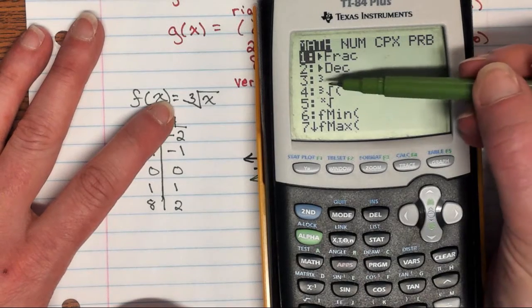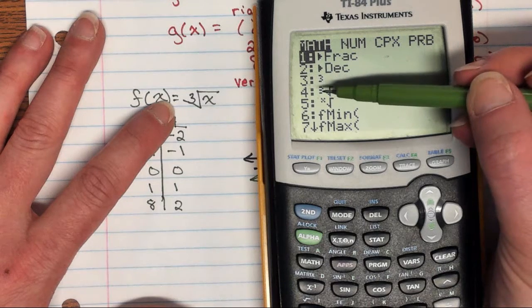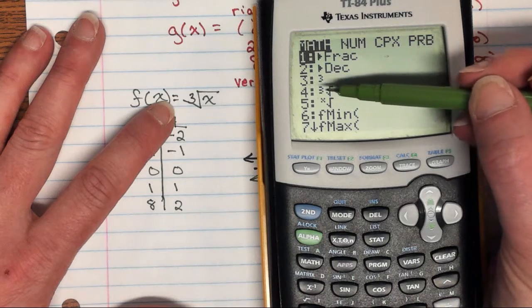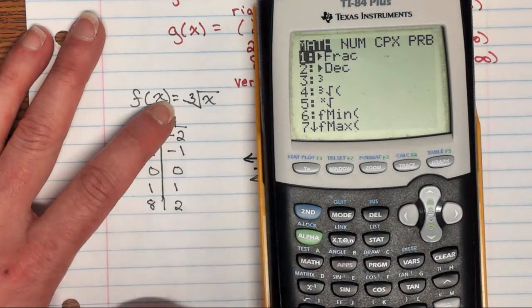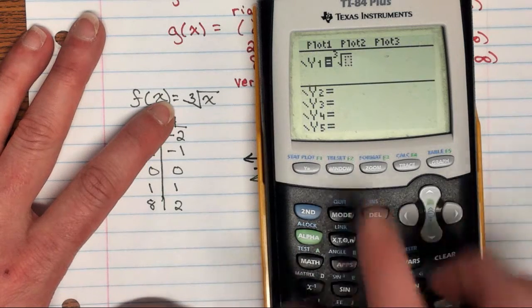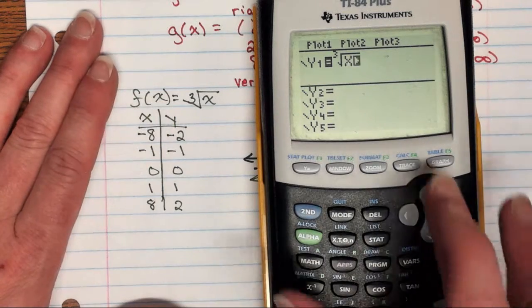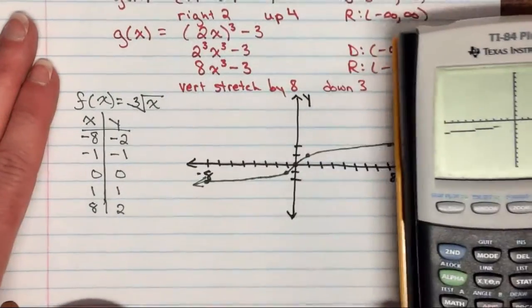First off, number 3 is cubes. So if I wanted to cube something, I can get a number 3. The next one down, the 3 in front of the radical, is the cube root. Now number 5 is where you could put any root in there, but we're just going to go to number 4, and notice it gets the cube root of x. And let's look at the graph. Does it match what we drew?